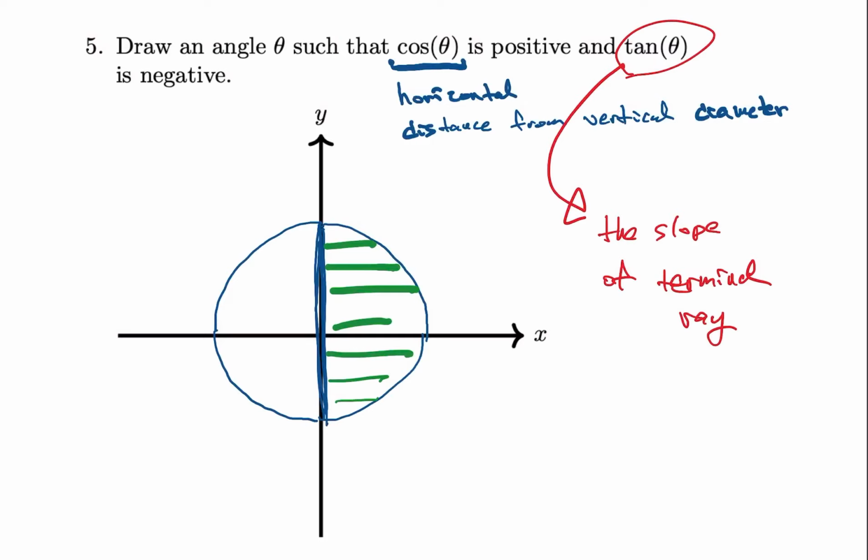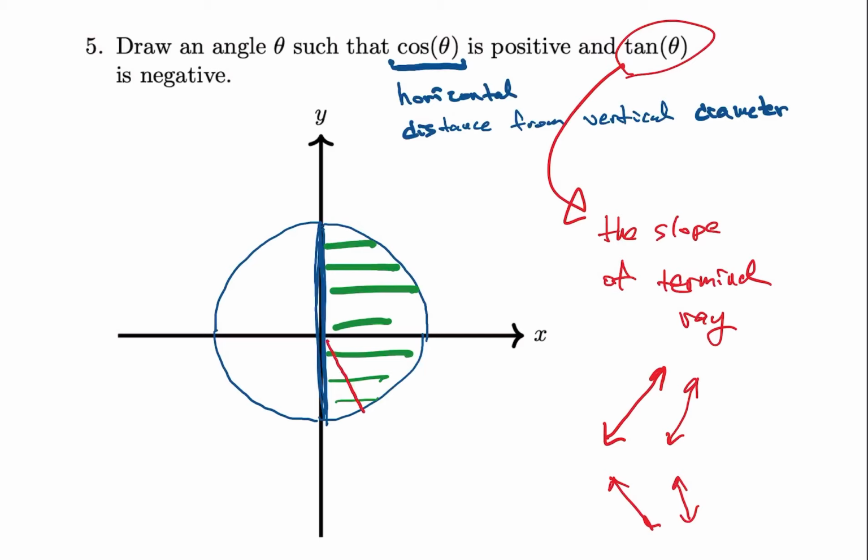So here the terminal ray slope is negative. If the slope looks this way, this direction is all positive slope. If we go this way, it's all negative in terms of rise over run, change in y over change in x. So the slope has to be in the fourth quadrant, so that means the angle must be in the fourth quadrant.